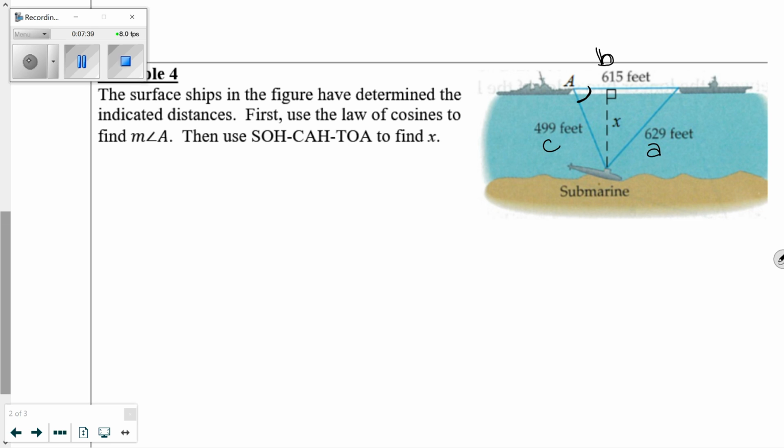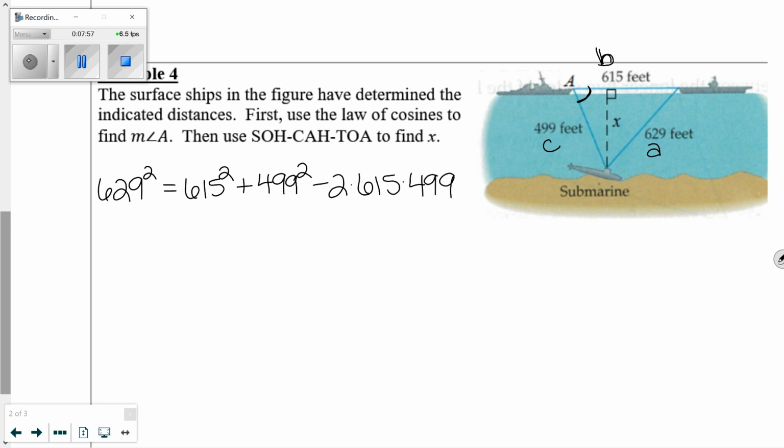Now, I told you guys that I would show you a little bit of a way to simplify this. So we're going to do a squared equals b squared plus c squared minus 2 times b times c times the cosine of A. And the fact that this variable is on the right side makes everything a little bit tougher for us.